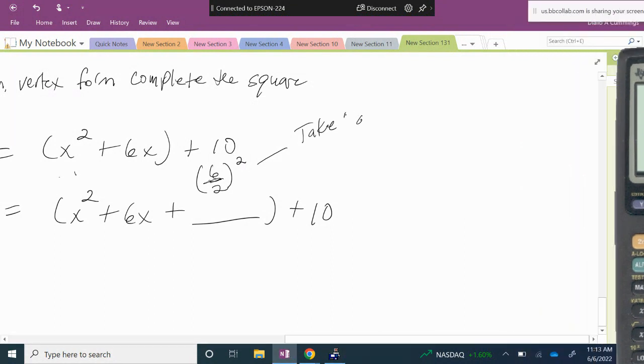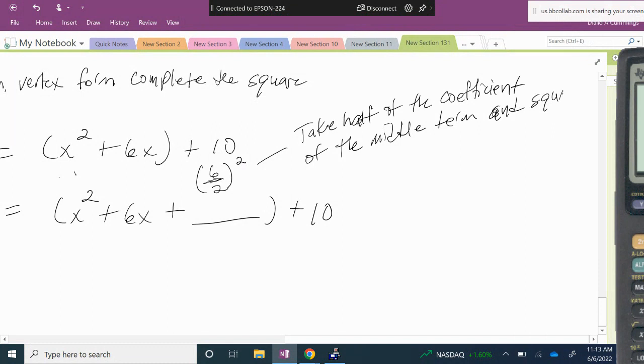Take half of the coefficient of the middle term and square it.